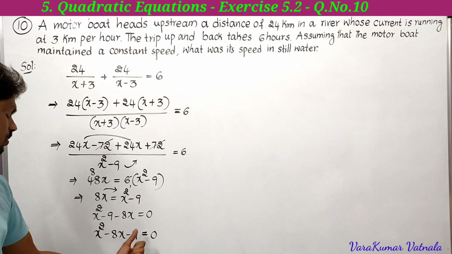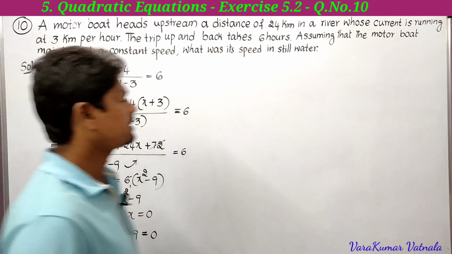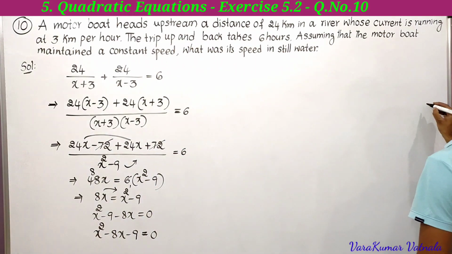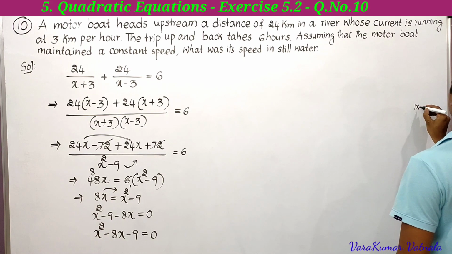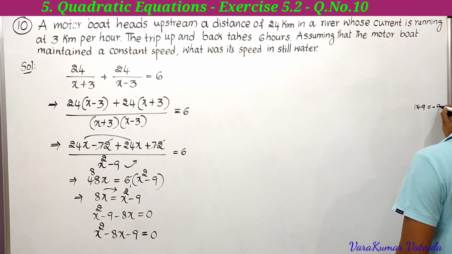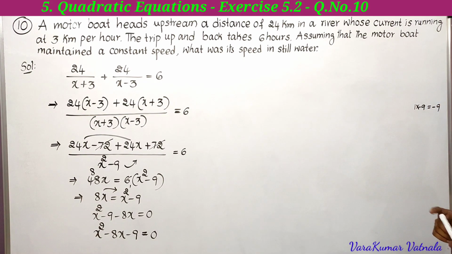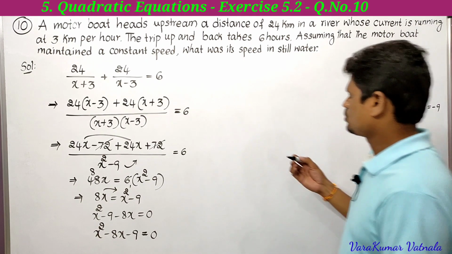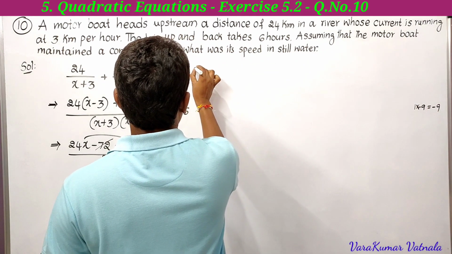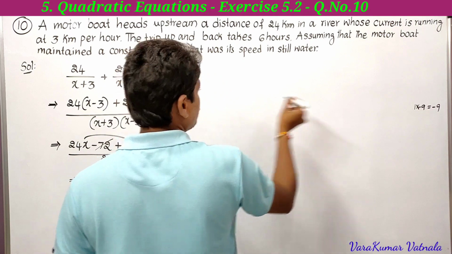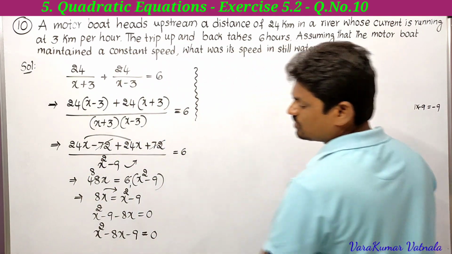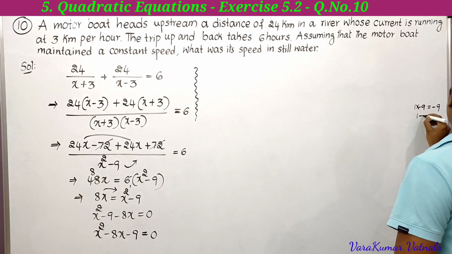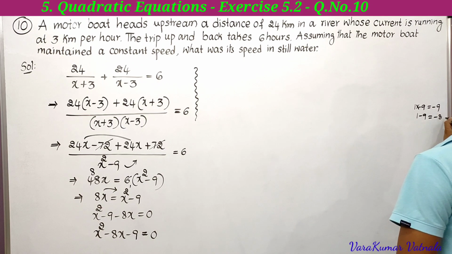So multiply the coefficient of x square with constant, that we get 1 into minus 9 equal to minus 9. So we have to select two factors of minus 9. So here these two are the factors, 1 and minus 9. So see here 1 into minus 9 is minus 9, 1 minus 9 is minus 8.